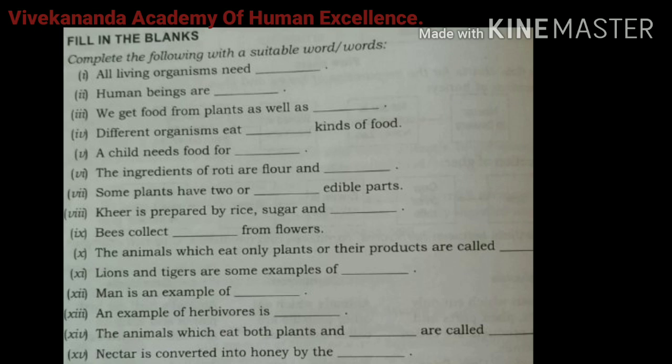And the last one, nectar is converted into honey by the honey bees. They collect nectar from different kinds of flowers and convert it into honey. So who is doing this work? Yes, honey bees. In this way we have seen some extra questions.